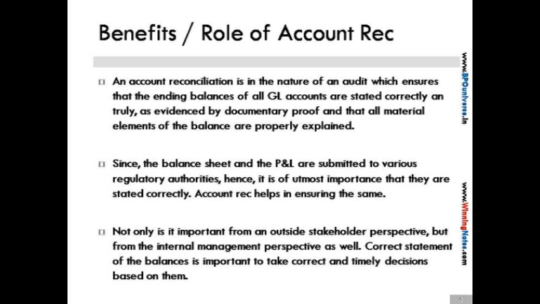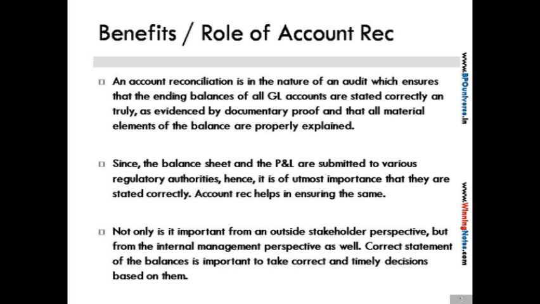It is in the nature of an audit which ensures that the ending balances of all GL accounts are stated correctly and truly, as evidenced by documentary proof, and also that all material elements of the balance are properly explained. Whatever comprises the closing balance, we have to ensure that it is correct and has supporting proof which helps in verifying that closing balance.